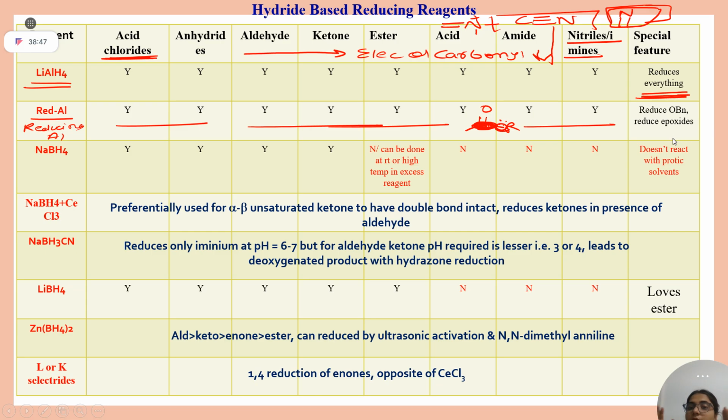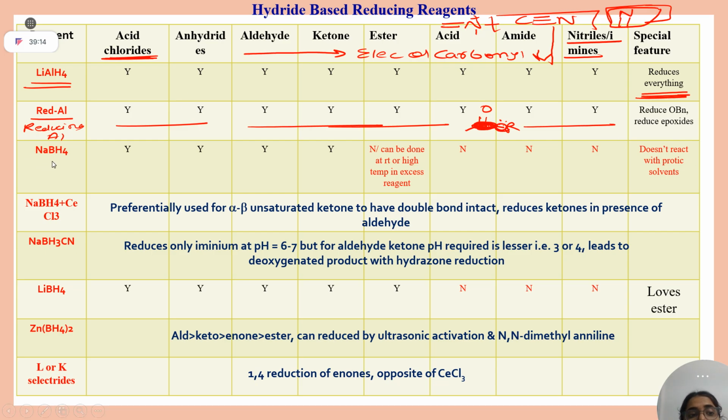So whenever you go through Sir's lecture, these are my notes, I have made these notes for you guys, but what you have to do is take Sir's lecture on these hydride based reducing agents and make your own notes that this reagent can reduce till this point, so that in the exam you can directly choose the correct option.